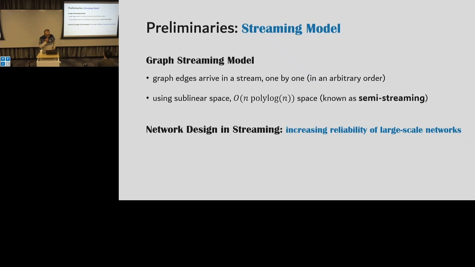Okay, and why does it make sense to study network design in streaming? As I mentioned, these days we are working with large-scale networks, and in many cases we would like to increase the reliability or resilience of the underlying network.